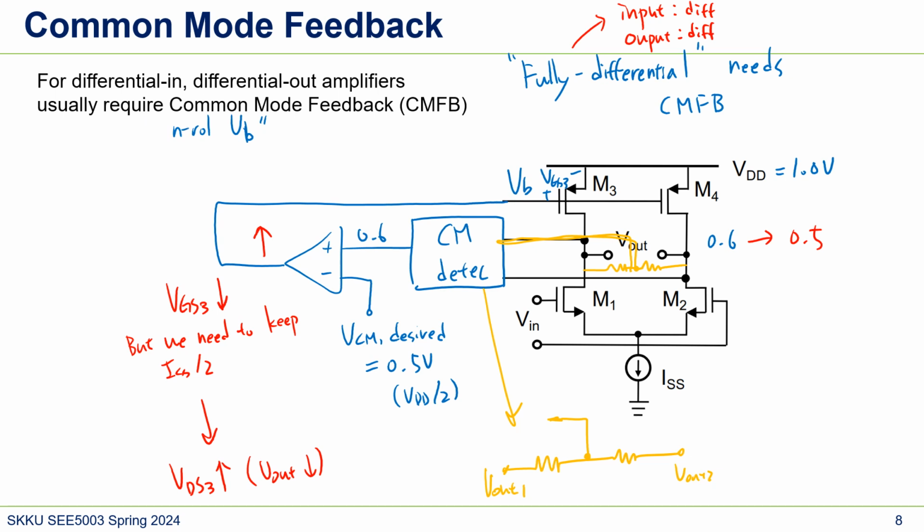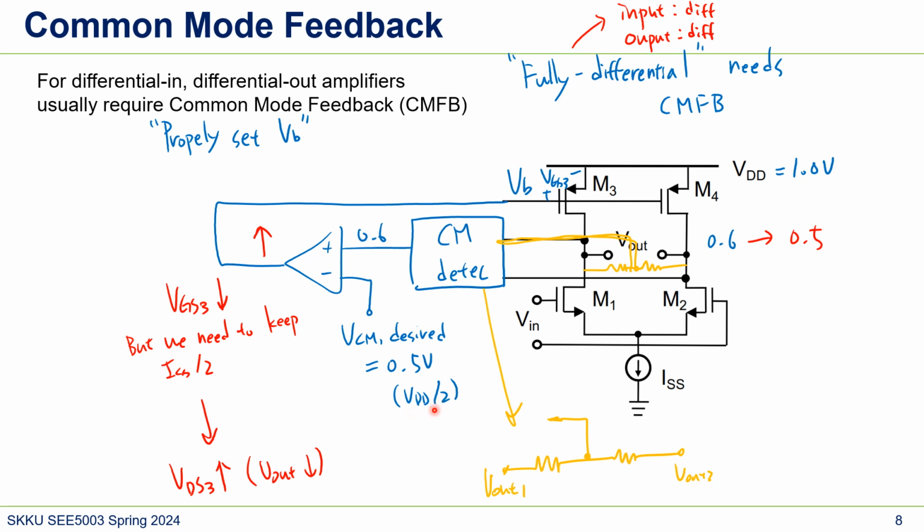Let me just say it properly: set VB. That's what this common mode feedback does. And since we have this feedback loop, if this V out is too high, then this amplifier will control this VB. This one, VCM desired, is provided from the outside.